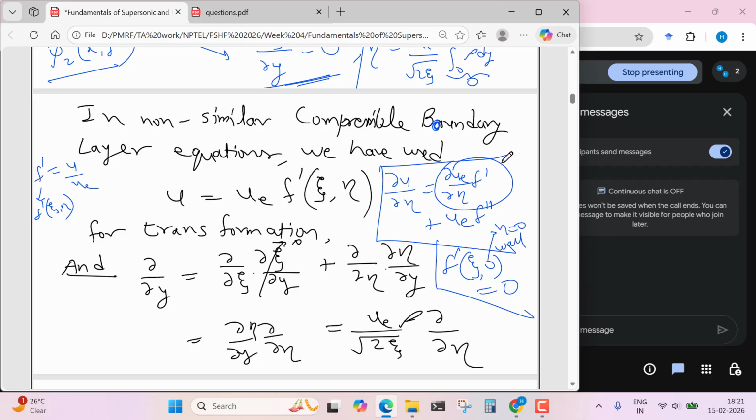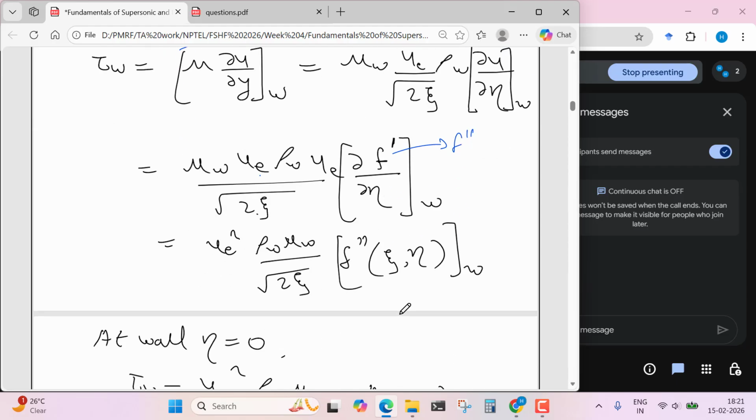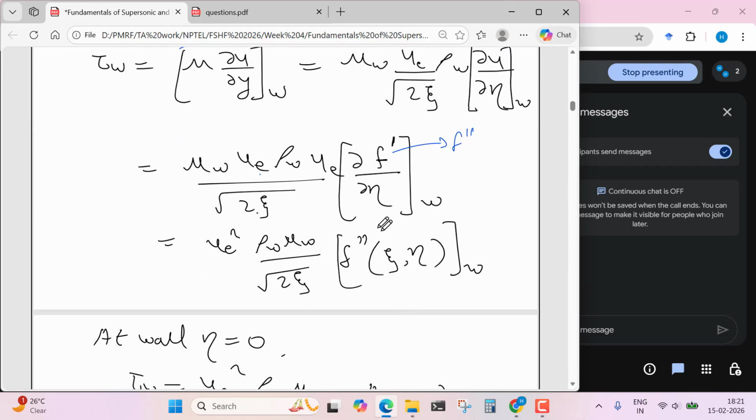So this first term will be 0 at the wall, and only the term ue f double dash remains. Substituting this ue f double dash here, we get ue f double dash xi, eta w. Here you see the factor is ue squared rho w mu w upon root 2 xi.